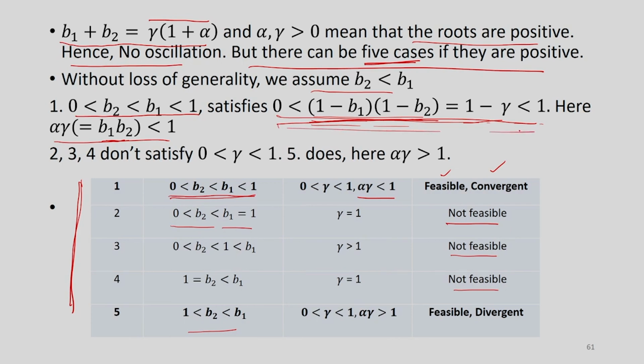They lie between 0 to 1, right. So, that is feasible. However, in this case alpha multiplied by gamma will be greater than 1, because b1 b2 will be greater than 1. So, this is the case where there is going to be divergence because both the roots are greater than 1. So, from the first case of real and distinct roots, we are getting two possible cases. In one case there is convergence and in the other case there is divergence.